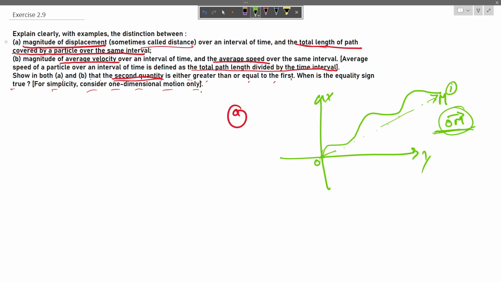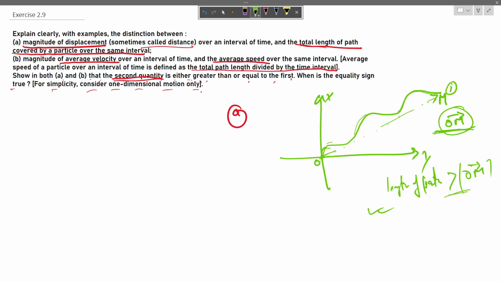As far as the total length of the path is concerned, the length of the path would be the addition of this distance, which is the curve from point O to point M. So here we see that the length of the path is greater than the displacement or the magnitude of the displacement vector. This is always going to be true.